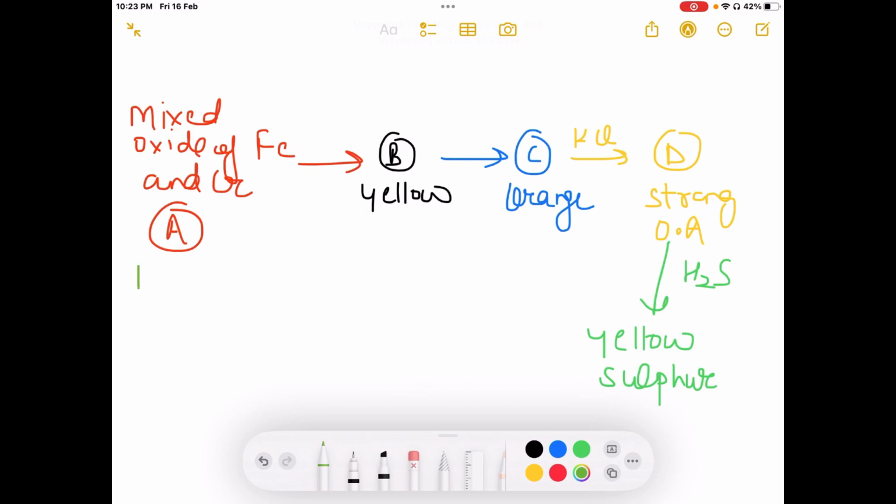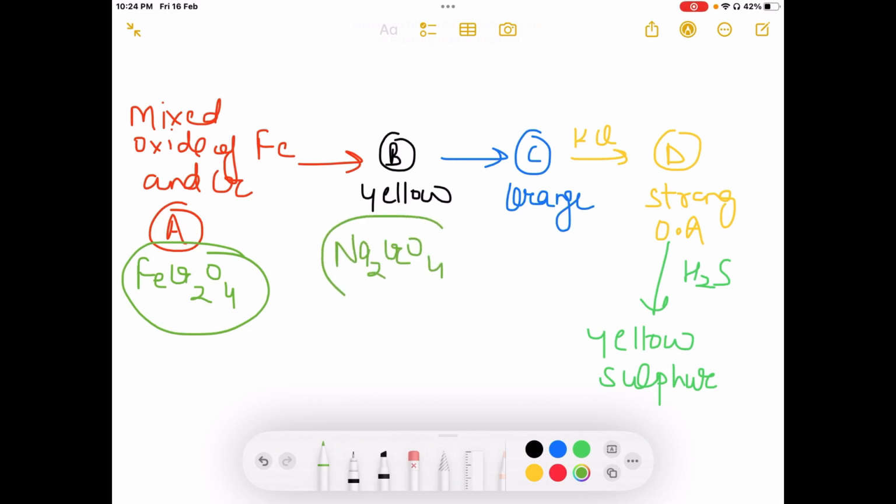So in this case, the mixed oxide of iron and chromium is obviously the chromite ore, FeCr2O4. The answer is FeCr2O4. It changes to a yellow colored compound in the presence of air and alkali. When it is fused in the presence of air and alkali, it gives a yellow colored compound, which is sodium chromate. This yellow colored compound on acidification produces an orange colored compound, which is sodium dichromate.